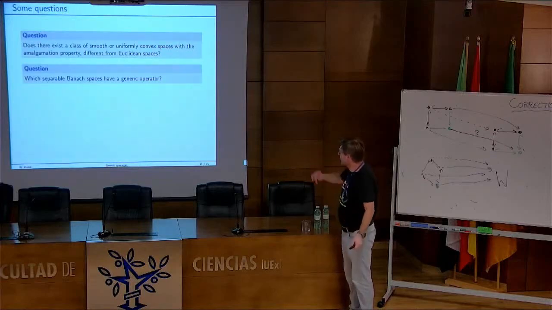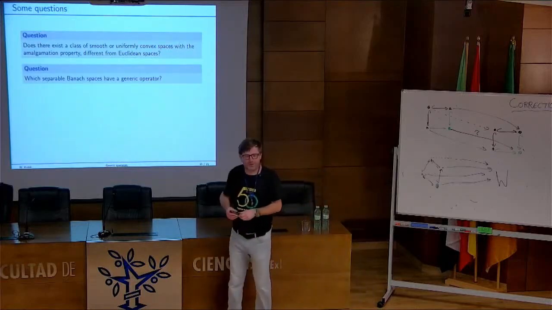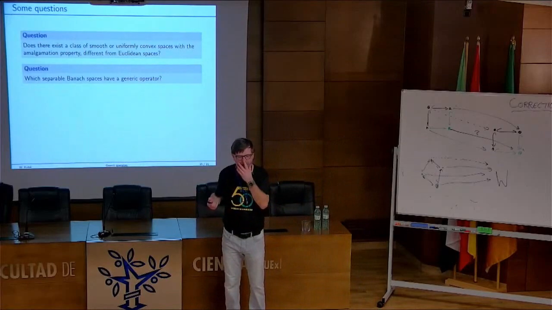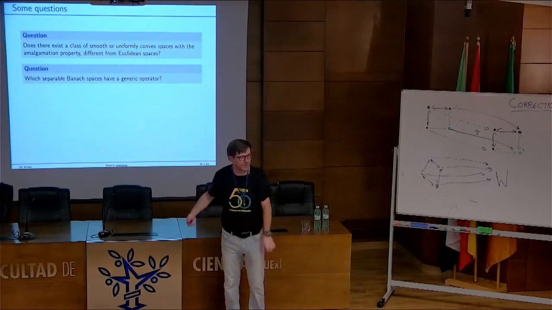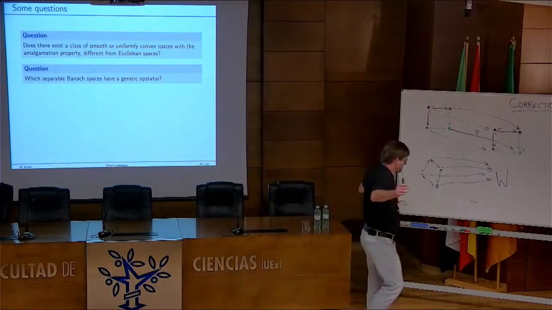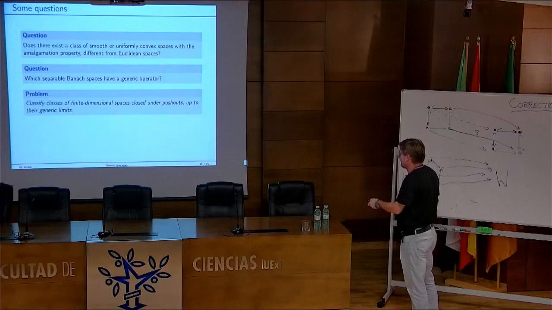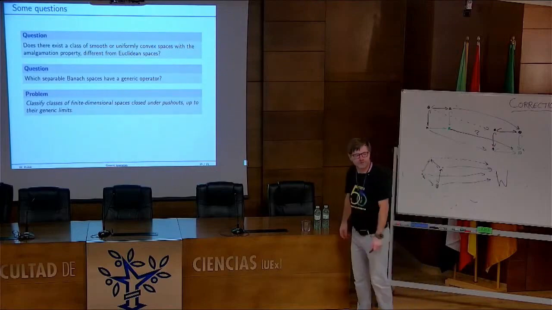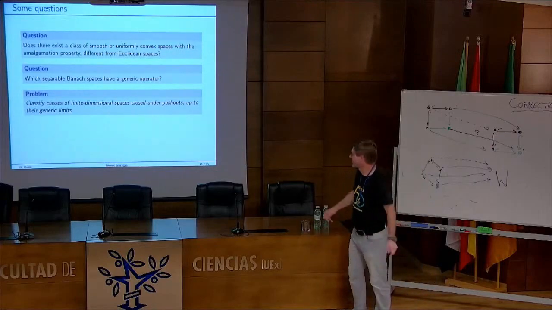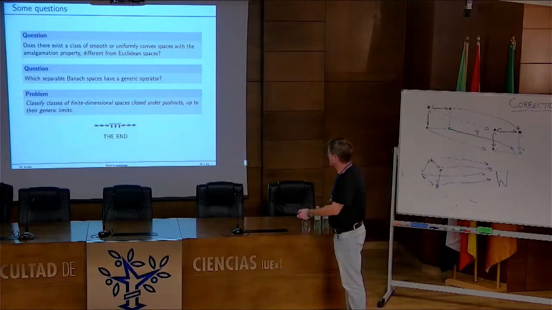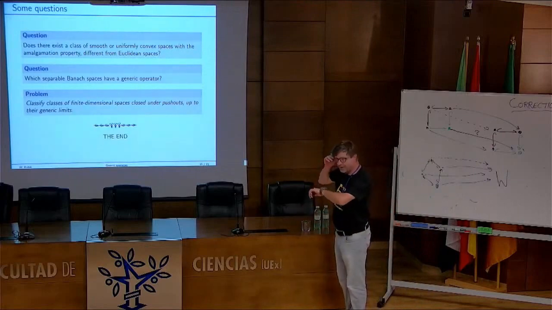And then, which separable spaces have a generic operator in a reasonable operator topology, or in this sense of this game? Again, not clear. Finite dimensional spaces closed under push-outs, but here maybe you would be restricting embeddings to a certain class. Okay, maybe the last problem is not so interesting.